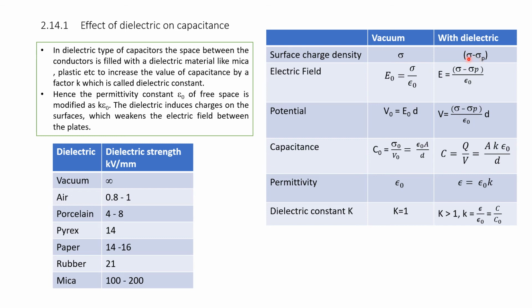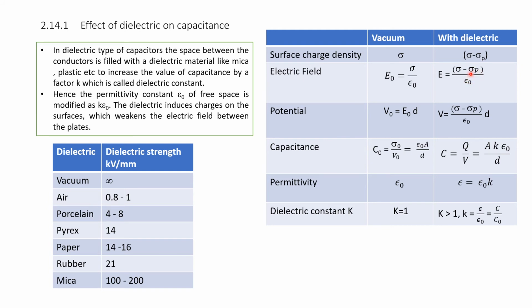That means sigma minus sigma p will be the new surface charge density when we add a dielectric. Electric field in vacuum will be E naught is equal to sigma by epsilon naught, and hence electric field in dielectric will be E is equal to sigma minus sigma p divided by epsilon.